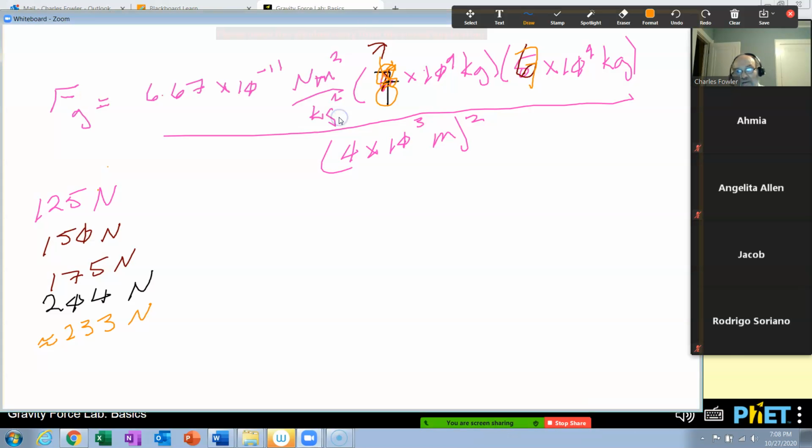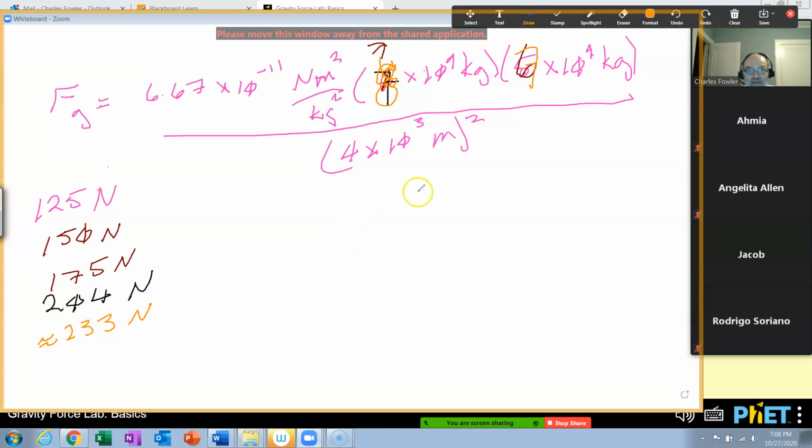Let's try it here. Even though I've got one, I'm still going to do another orange here. 8 billion, so both of those are 8s.